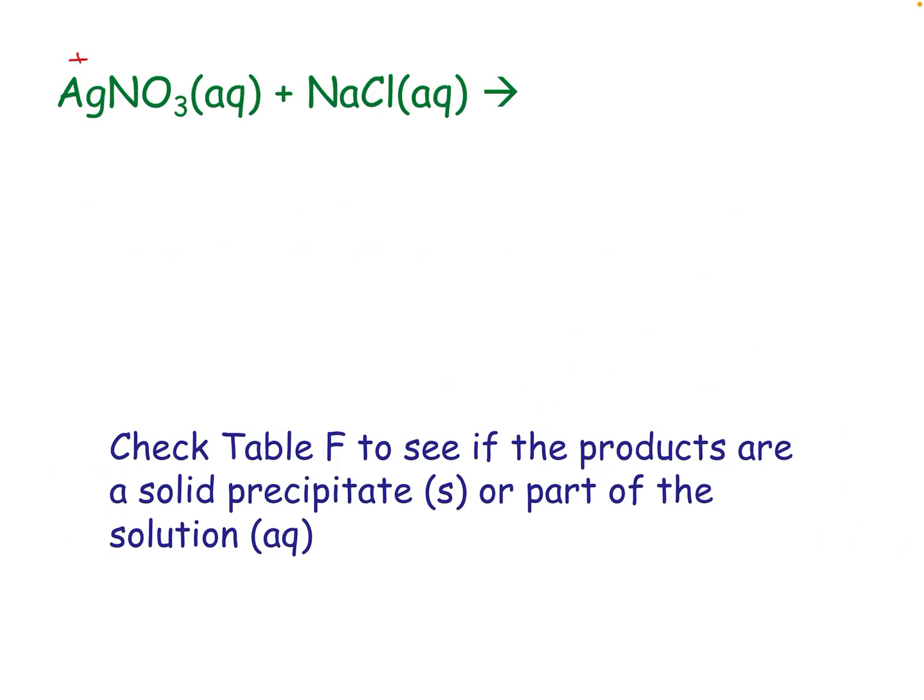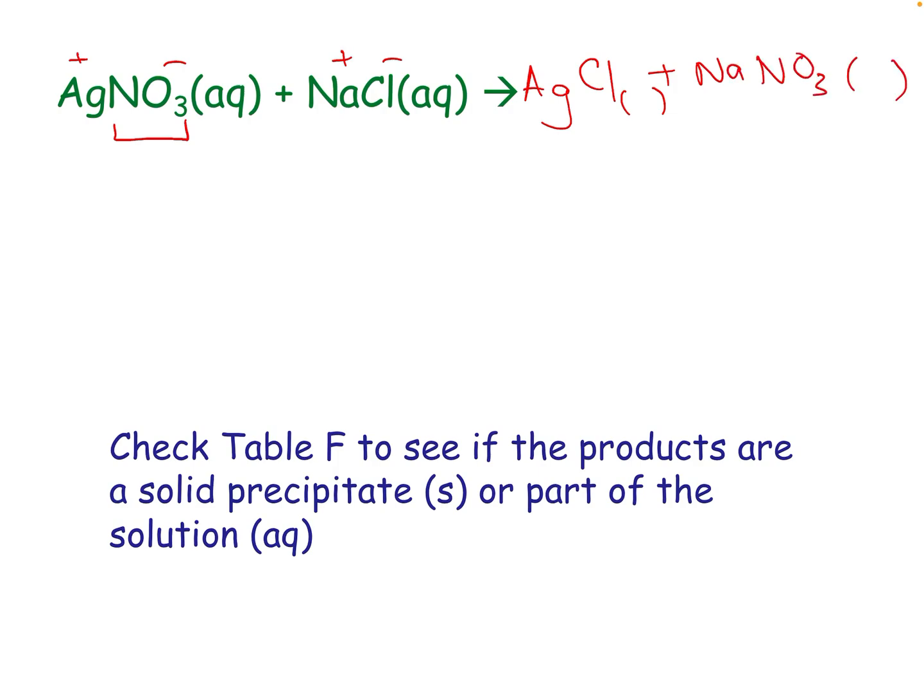So here we have our positive, this is our negative, here's our positive, here's our negative. In a double replacement, we're going to switch our positive partners. So we're going to have the silver with the chlorine, and we'd have to crisscross our charges, but in this case we're good, +1 and -1. I don't know my phase yet, so I'm going to leave that there. And we're going to have the sodium with the nitrate, and we're going to figure that out.